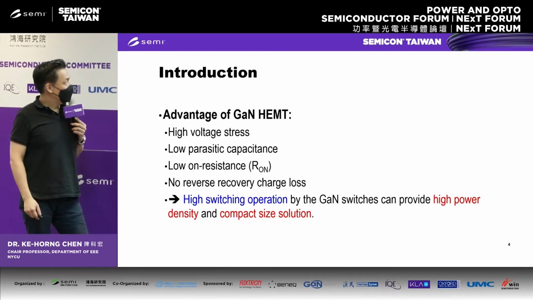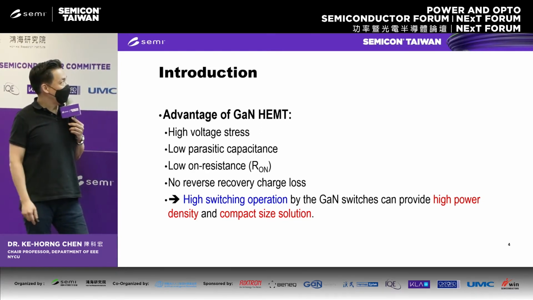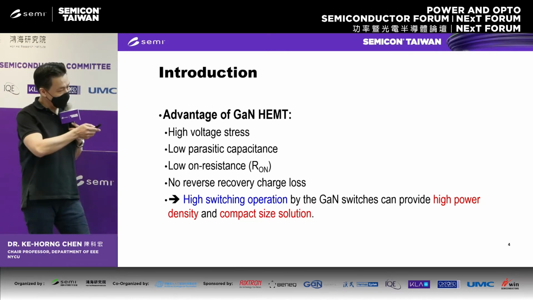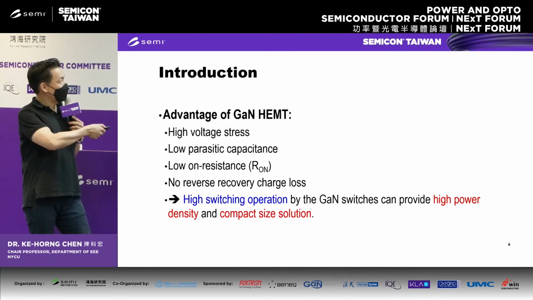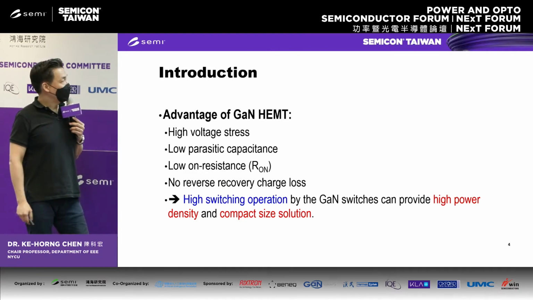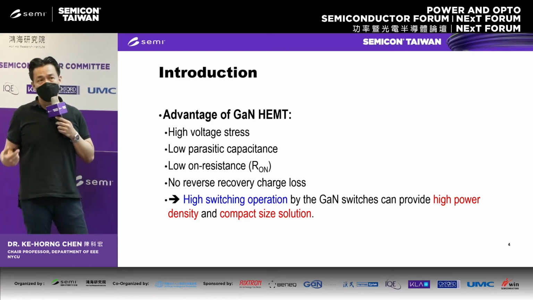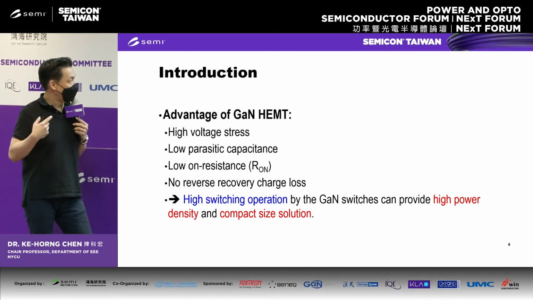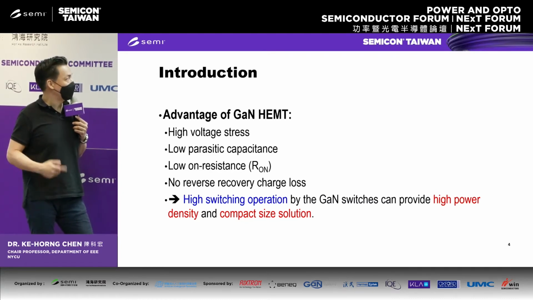Next, I will show you the advantage of GaN-HEMT. For the GaN-HEMT, it has the following advantages. The first one is the high voltage stress. In theory, it can tolerate maybe higher than 1,000 volts. It means that it can be used in high voltage, high power density, and high switching applications.